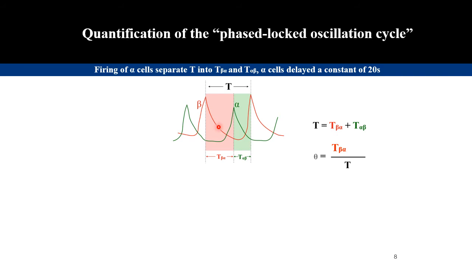The red shadow area represents the waiting time of alpha cell after the firing of beta cell, and the green shadow area represents the waiting time of beta cell after alpha cell. The phase shift is given by the ratio of T beta-alpha and T.